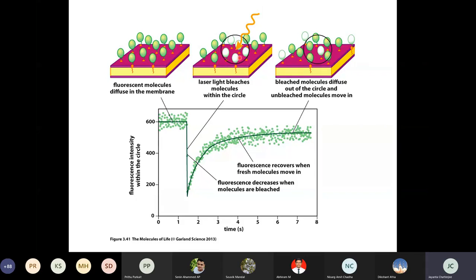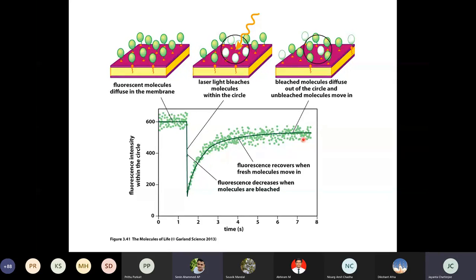It is also possible that some molecules in the periphery, outside this circumference, are also bleached. That is one possible explanation for why the molecules moving into the field from outside are not regaining the fluorescence back to the original level, because some of them might have also lost their fluorescence properties.